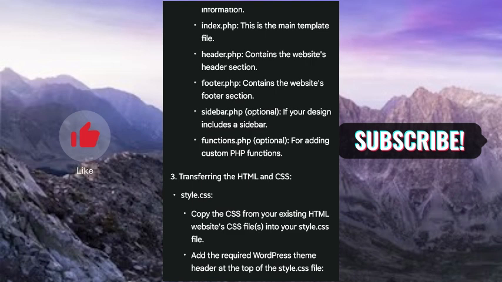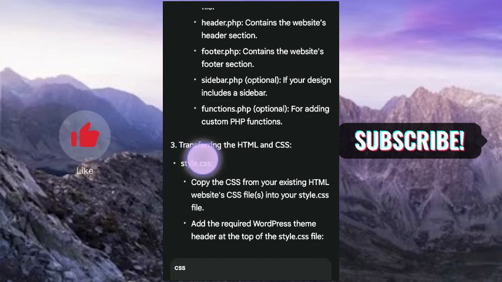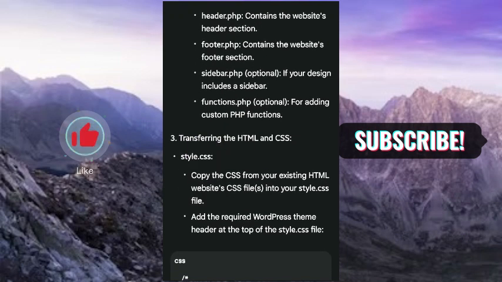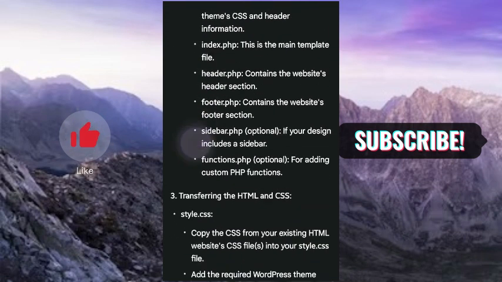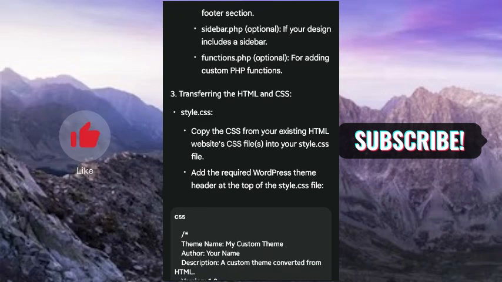This is optional. If your design includes a sidebar, you make this one. If it doesn't, you don't need to do that. Next, functions.php. This is for adding custom PHP functions. It is also optional.